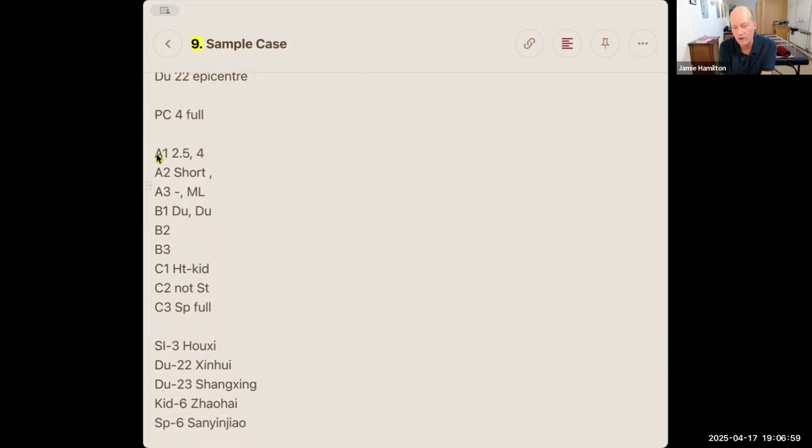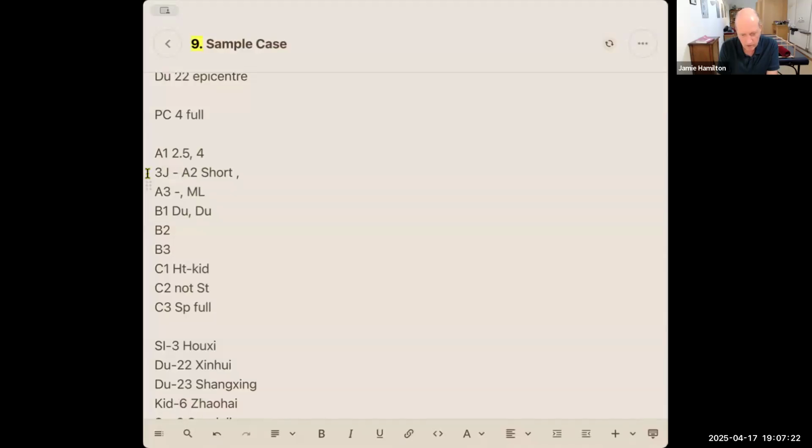Obviously, I know what A1, A2, A3 are. If you're starting out with this, it may be helpful to write a bit more down on the actual application, however you're doing it. For instance, for A2, you might say 3 joule, or 3 levels, or you can write it longhand.